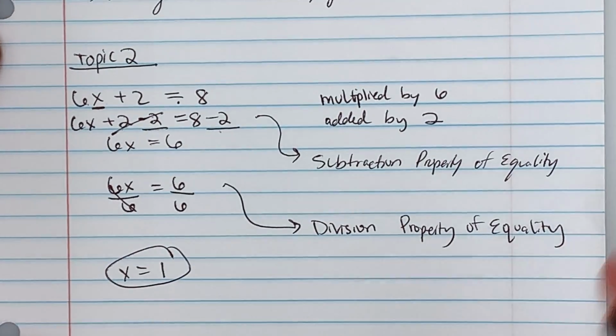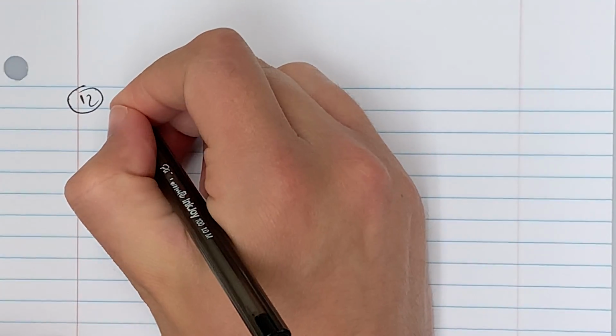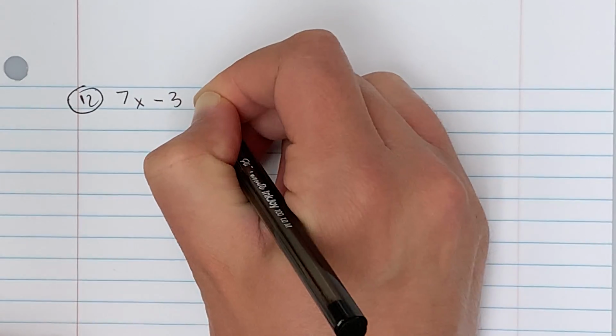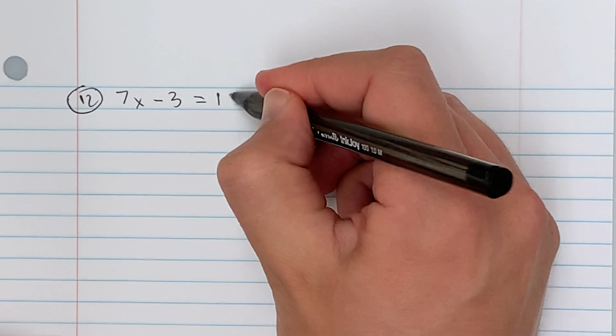All right, let's go ahead and look at another one, still in topic 2. We'll call this one number 12. All right, so we're gonna do, let's see, 7x minus 3 equals 18.